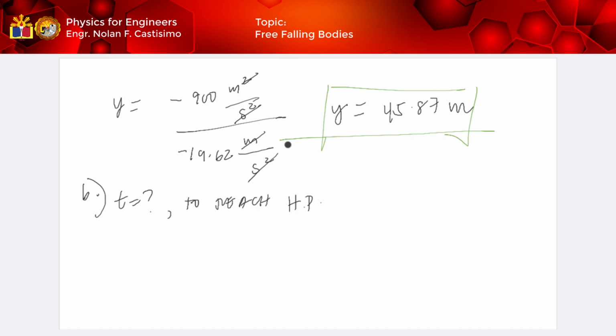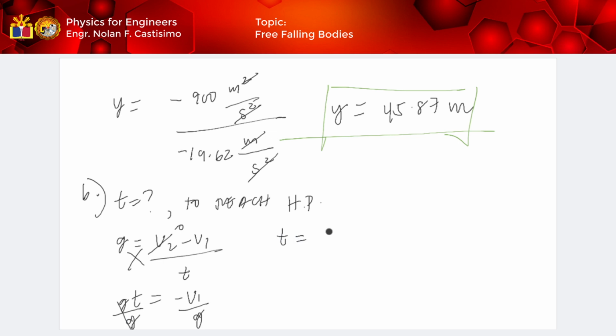Okay, so we're going to use G is equivalent to V2 minus V1 over T. Okay, assuming that our V2 is 0, cross multiply, so sinisimplify ko ulit, manipulate lang yung formula. So we have GT is equivalent to negative V1. Okay, so divide both sides by G. So we're going to use T is equivalent to negative V1 over G.